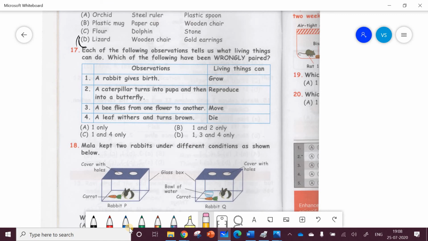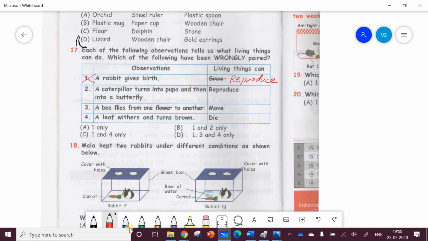Giving birth is growing or reproduction? Reproduction. So obviously option number 1 is wrongly paired. What should be written here instead of growing? It should have been written reproduce. Right? Okay.